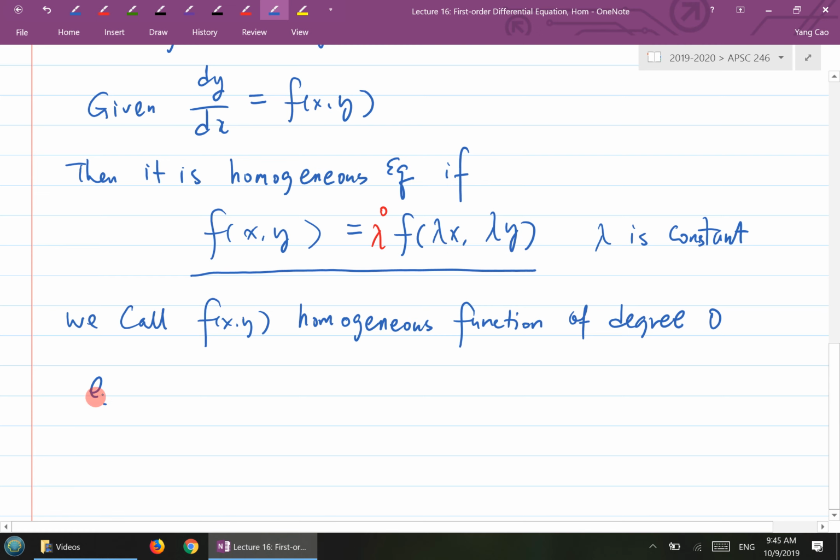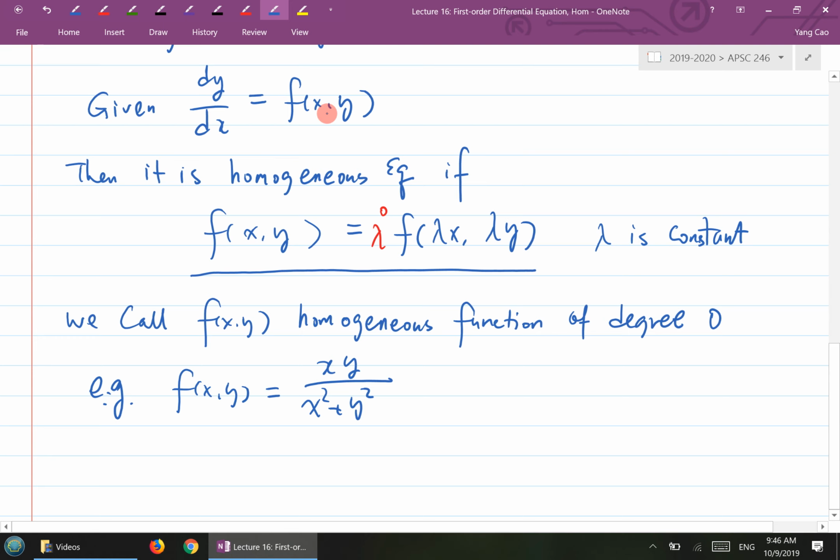Okay, so for example, if we have a function f(x, y) equal to xy over x squared plus y squared. Okay. So if I have a function like this on the left side of this differential equation, and if you're required to solve this differential equation, the first step you want to do is to search, okay, so what type of differential equation is this?